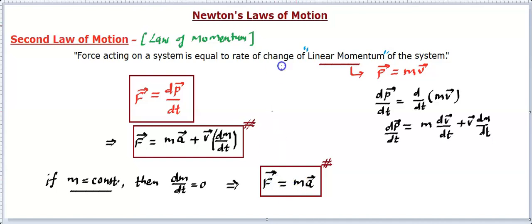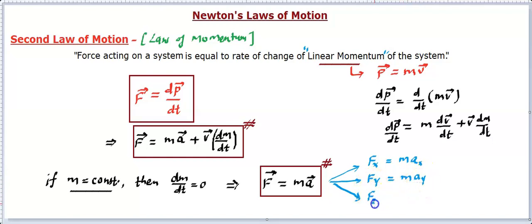Since force is a vector quantity, you can always fragment it into component forms. That means you can do x component motion, y component motion, z component motion, or you can directly use a vector format. If you are working for the x component, you write that the x component of force is equal to mass times acceleration in the x direction, Fx = m ax. Similarly, work for the y component separately, so the y component of motion will be Fy = m ay. These y and x are subscripts.